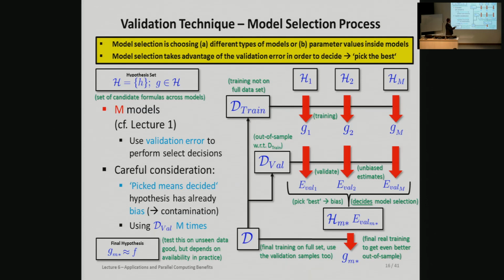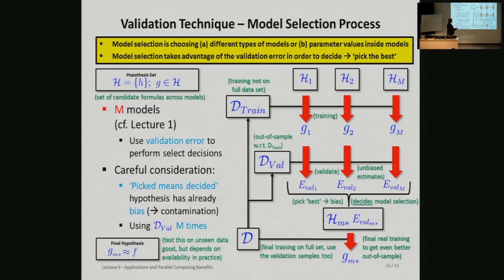And this is an interesting part of it. And then we just pick the best. In the moment where we pick the best, we have actually contaminated this data set, right? So data, well, should basically not be used anymore. And if you have enough data, it is good to have it somewhere on the side and then throw it away, not touching it anymore. So this is the validation set idea.